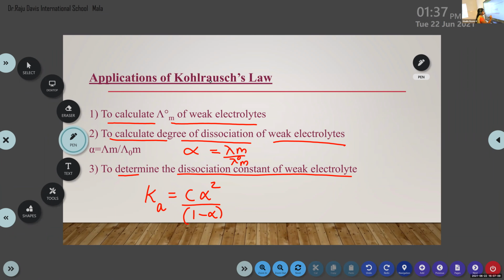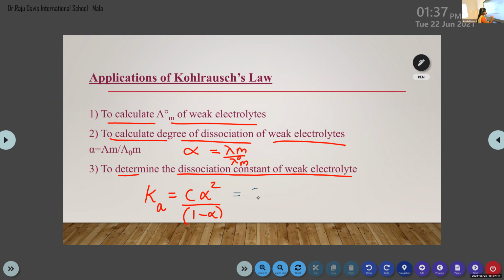And this equation we can also write it as C, okay, C, then instead of alpha, you can write lambda m by lambda 0 m, right? So you can write here it is alpha square, so lambda m square divided by lambda m 0 square. Here again it is 1 minus alpha.